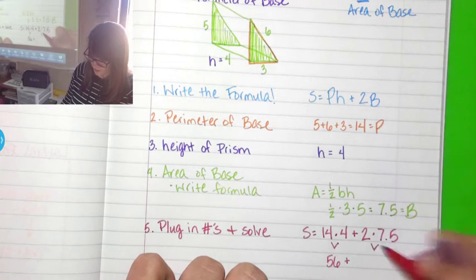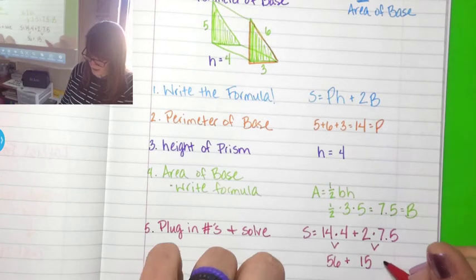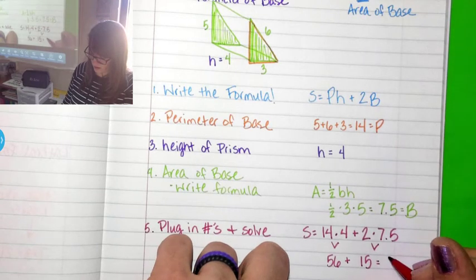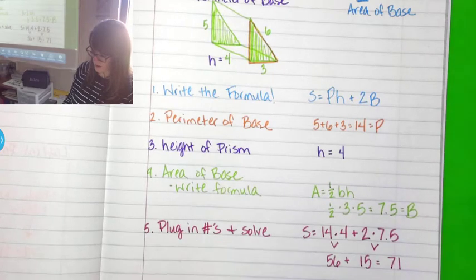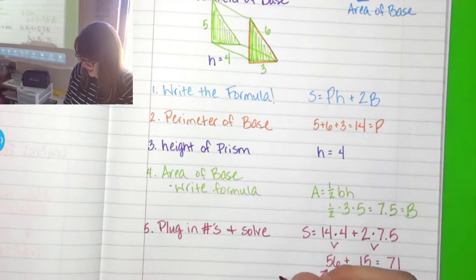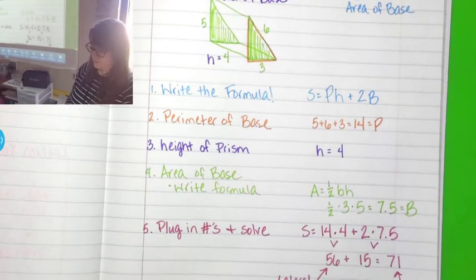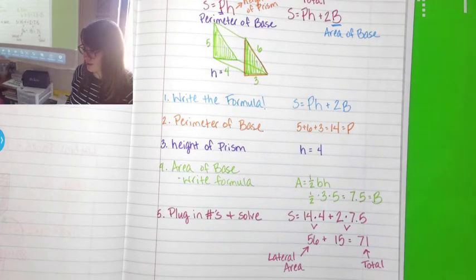Plus, and what's double 7.5? And so 56 plus 15, 71. Now, lateral area was 14 times 4. So this is my lateral area. This is my total. And that's the formula for surface area.